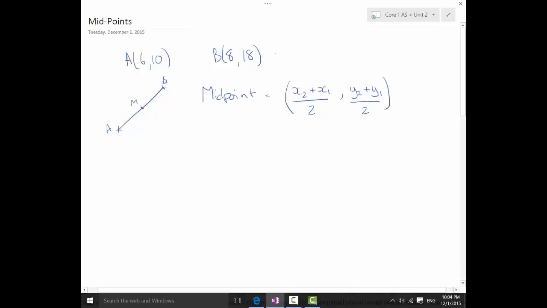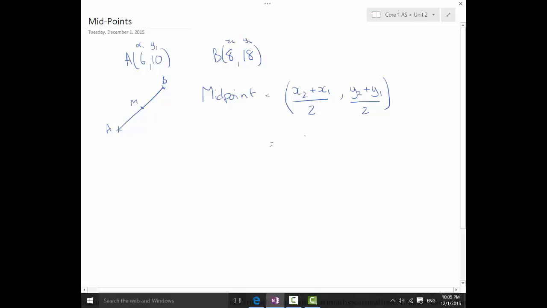Where do I get the x1 and the x2 from, and the y2 and the y1? Well, this is the x-coordinate of our first given point, and this is the y-coordinate of the first point. This is the x-coordinate of the second point and the y-coordinate of the second point.